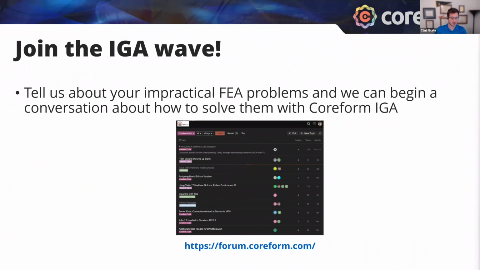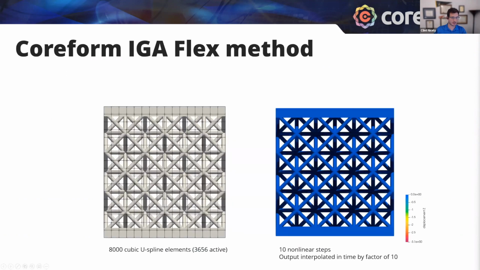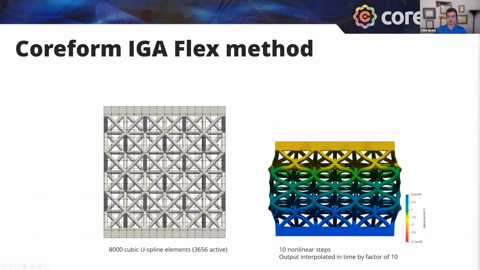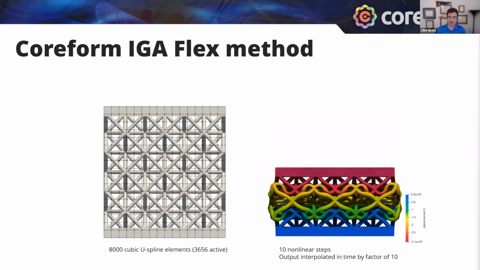The example that you saw, this example right here, was done in Coreform IGA, and the lattice was built in Cubit as opposed to pulling it in from somewhere else. And the thermomechanical coupling is a capability that we are currently working on. If you wanted to open up a conversation with us, we'd love to hear about what you have that might be causing you difficulties that Coreform IGA would be able to assist with.